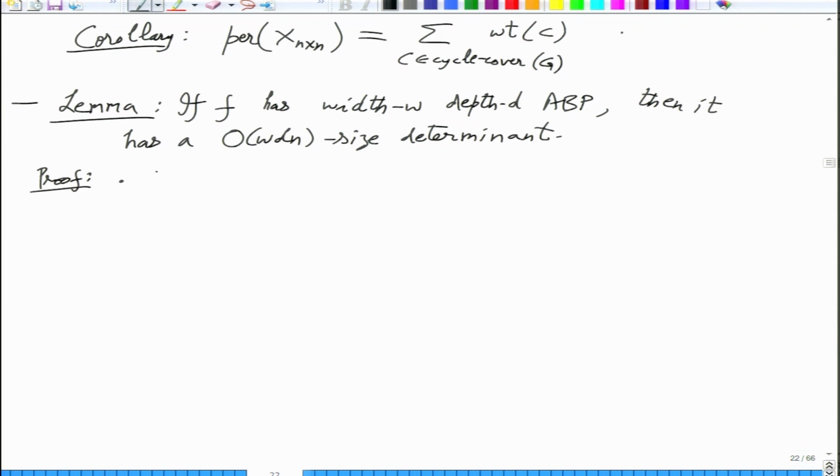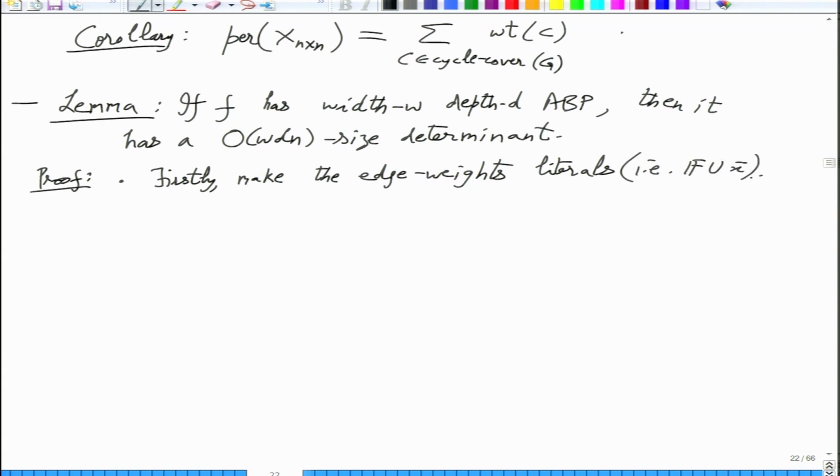So firstly, make the ABP edge weights literals, that is, in F union X bar.